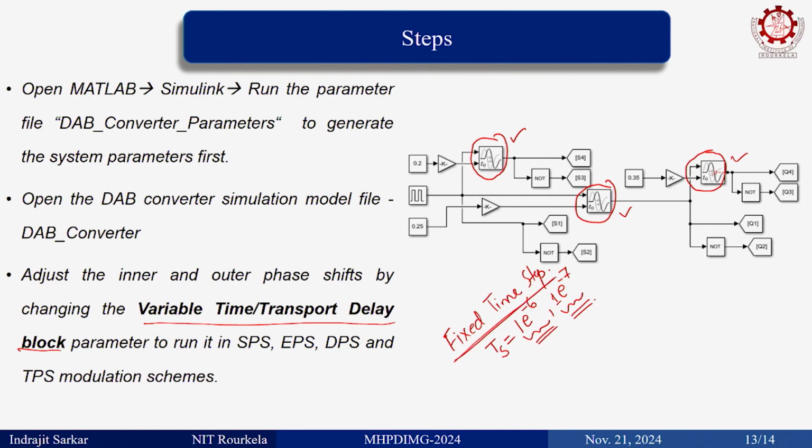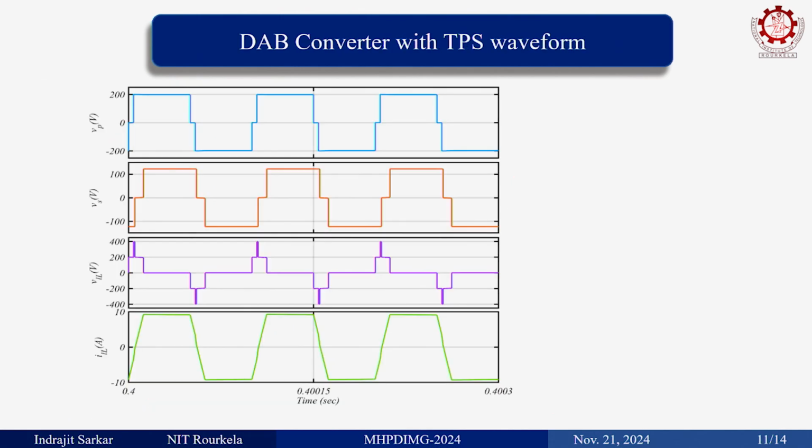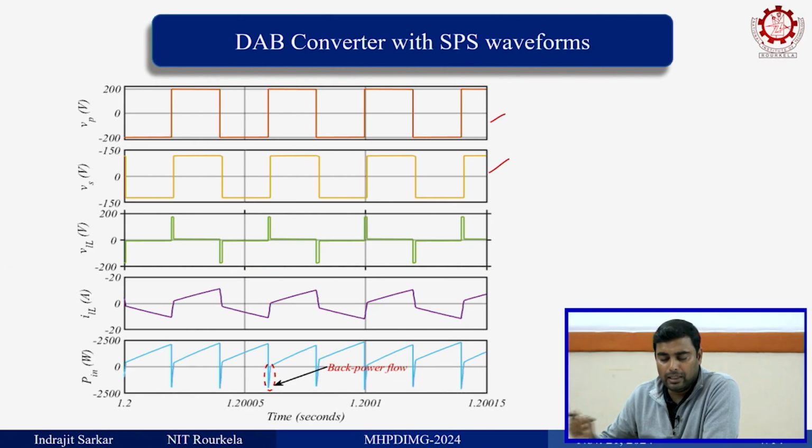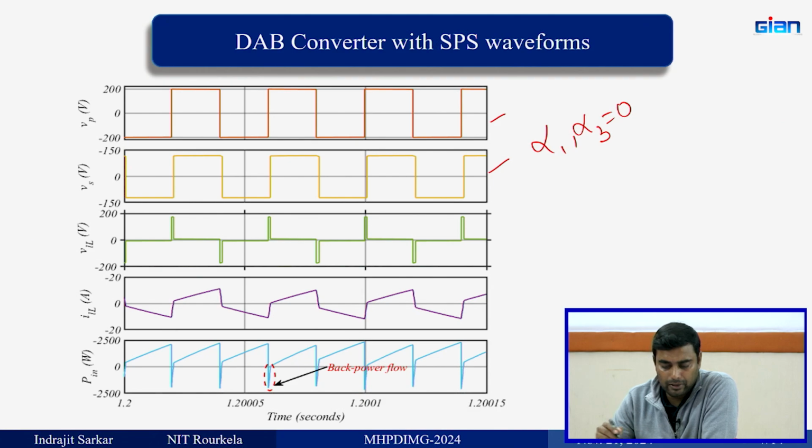Now, for your reference we have kept the waveforms: how the SPS waveform will look, how the EPS waveform will look. In the SPS waveform both are square waves. Since both are square waves, you make the delays alpha 1 and alpha 3 equal to 0 and run it.